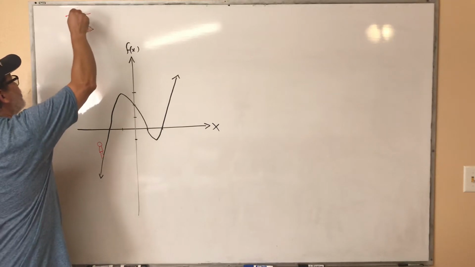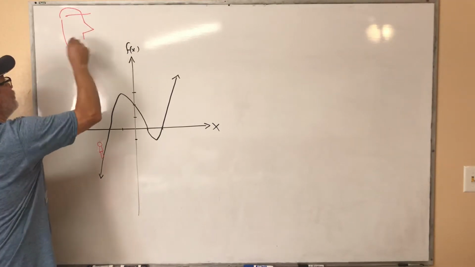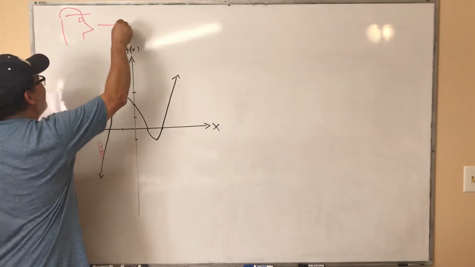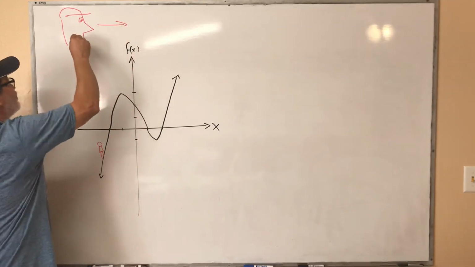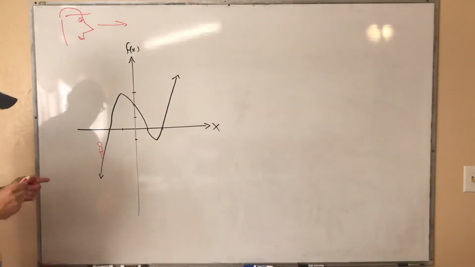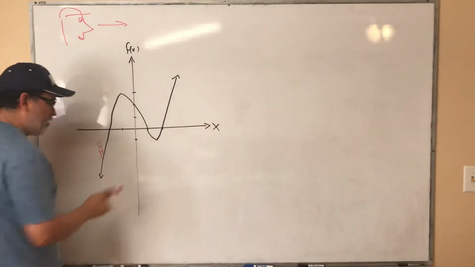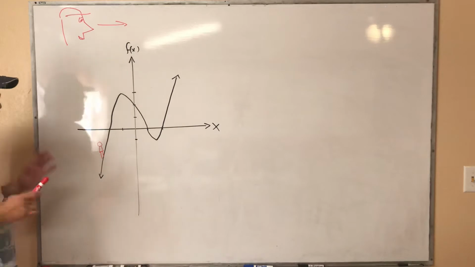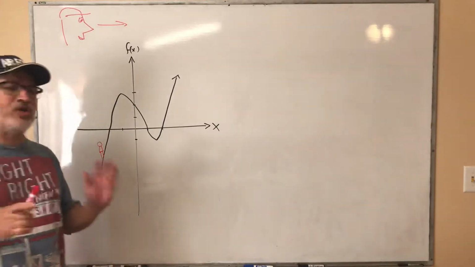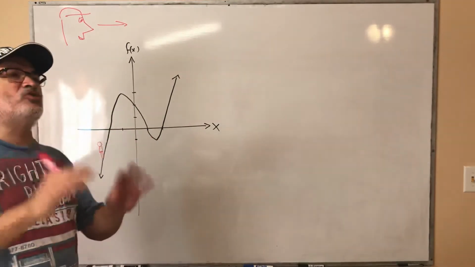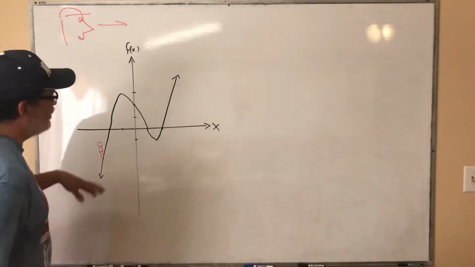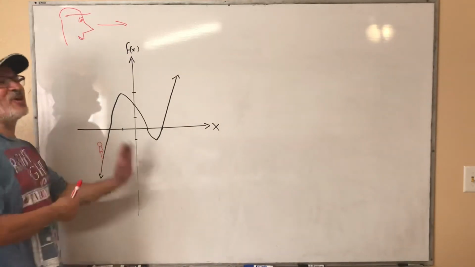This is your hat. This is you. You're looking that way. That's your mouth. Always look that way, towards positive infinity. And then determine where the function is increasing, and we want those x values where this function is increasing.